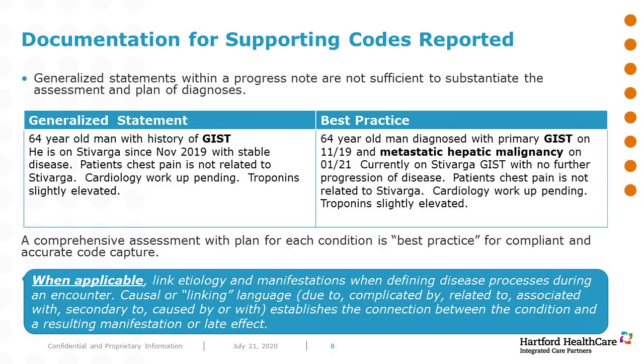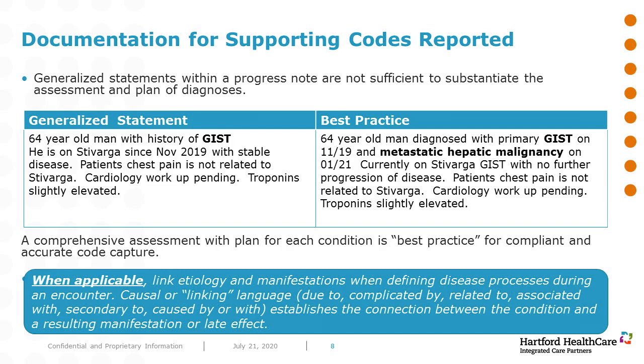Best practice would be: 64-year-old man diagnosed with primary GIST on 11/19 and metastatic hepatic malignancy on 1/21. Currently on Stivarga for GIST with no further progression of disease. Patient's chest pain is not related to the medication.